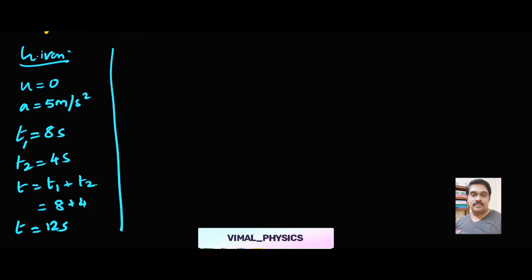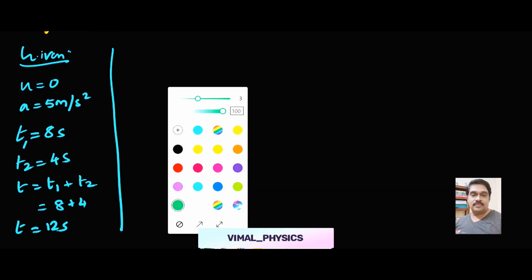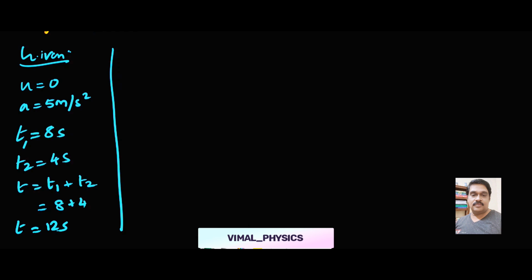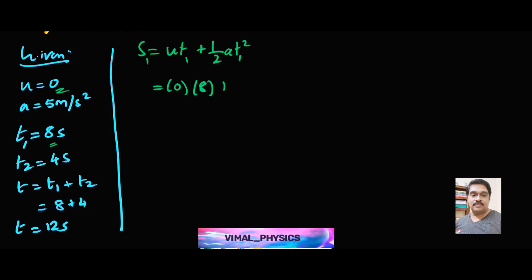Here they are asking to find the distance. So it is very simple. We apply the second equation of motion, s is equal to ut plus half at squared. Since there are two time intervals, for the first one the initial velocity is 0, so we substitute 0 plus half into acceleration 5 into t1, which is 8, squared.